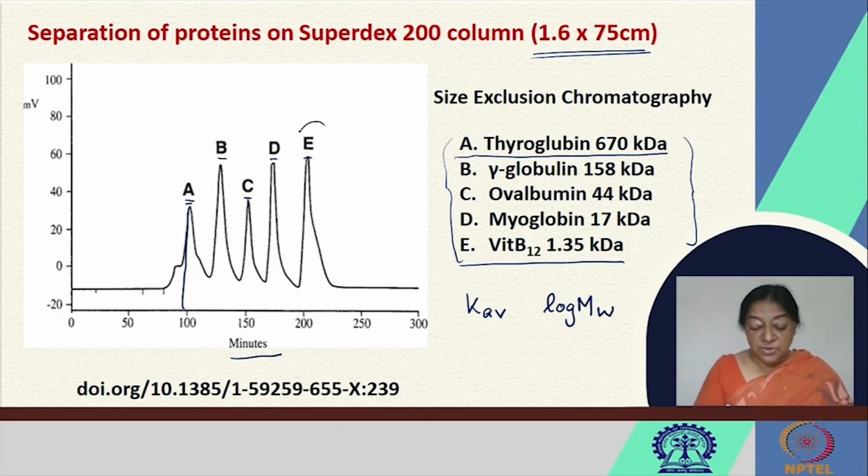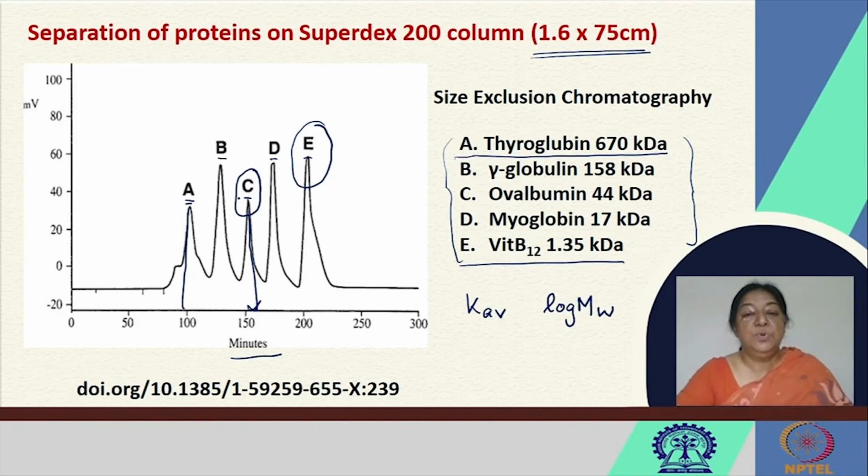So if we are interested in the protein C, this will be the distribution. We would know that the fraction that comes out around this time is exclusively protein C, which means that we have isolated our protein from the mixture of these proteins.